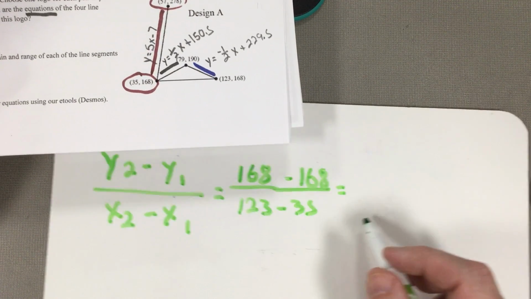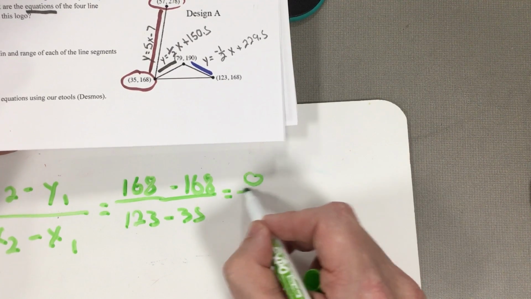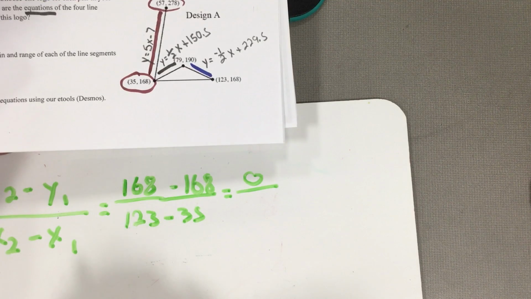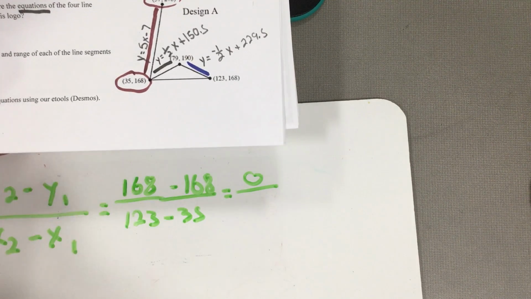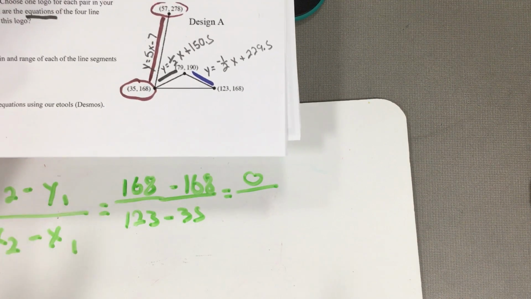So go ahead, use your calculator to subtract these. If you take a look at this top one, you probably think, oh my, that's 0. But 123 minus 35 is not 0. What do you guys get when you do that?